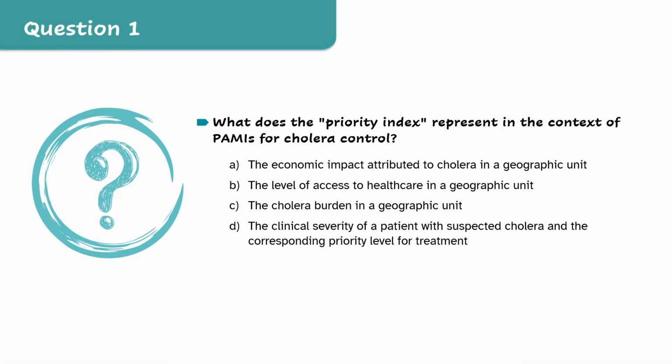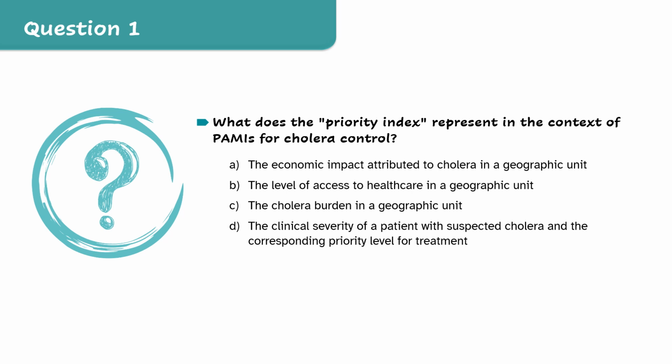Question 1. What does the priority index represent in the context of PAMI for cholera control? A. The economic impact attributed to cholera in a geographic unit. B. The level of access to healthcare in a geographic unit. C. The cholera burden in a geographic unit.